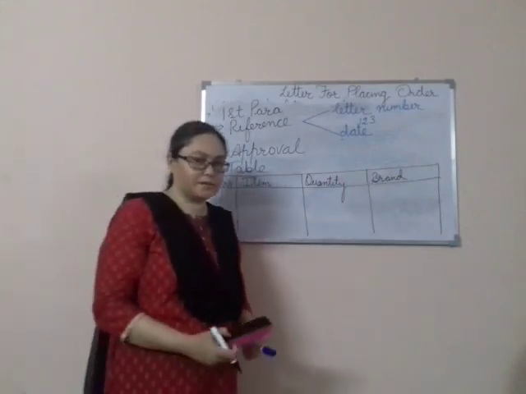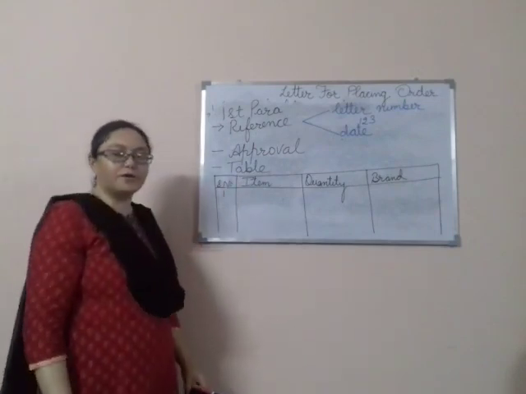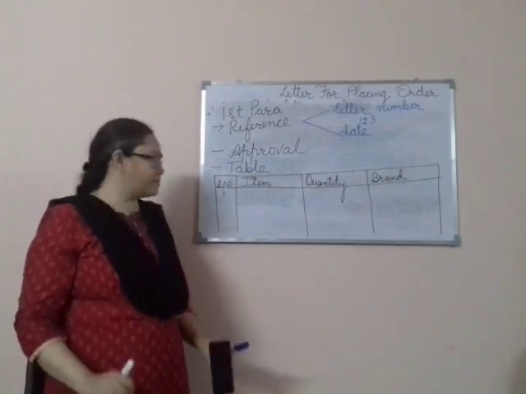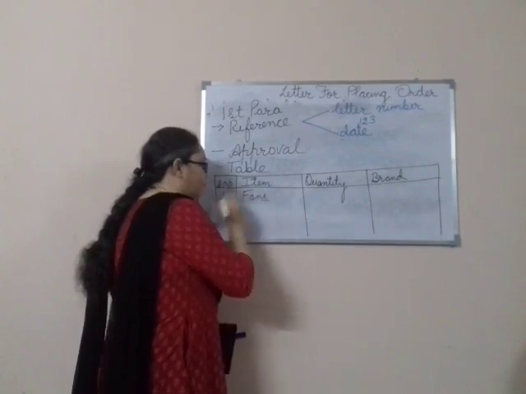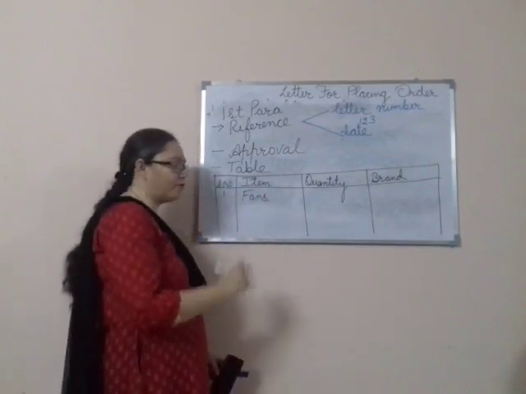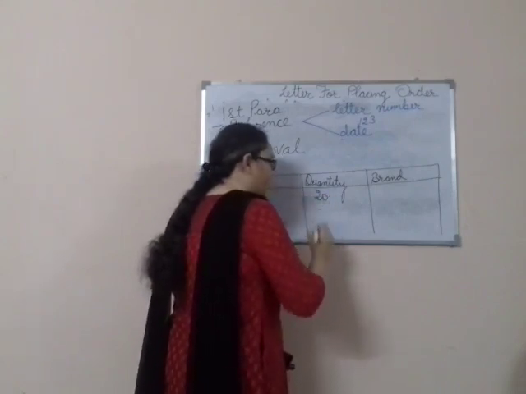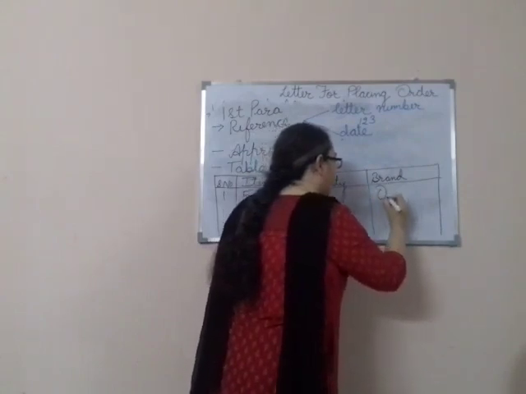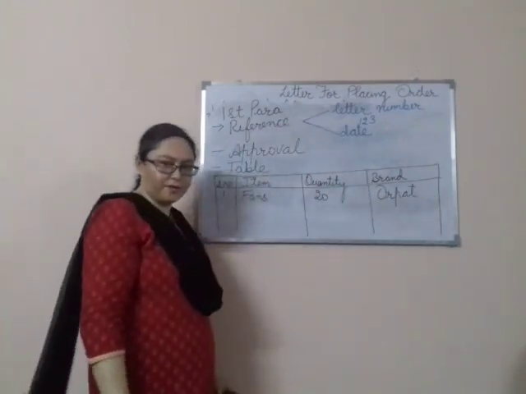Okay, so remember this. Now, for example, I take that I want to order any 2 electronic items. Suppose the first item is fans and we are ordering for a hotel. So suppose the quantity is 20 and let the brand be Orpet.